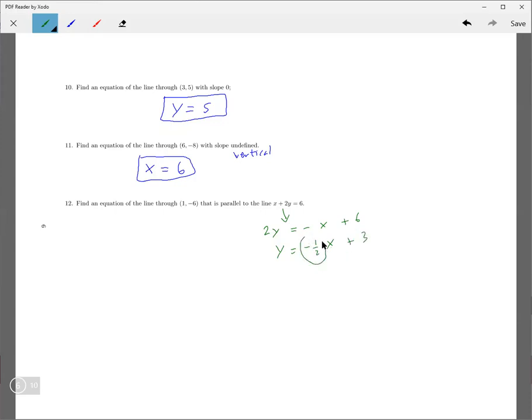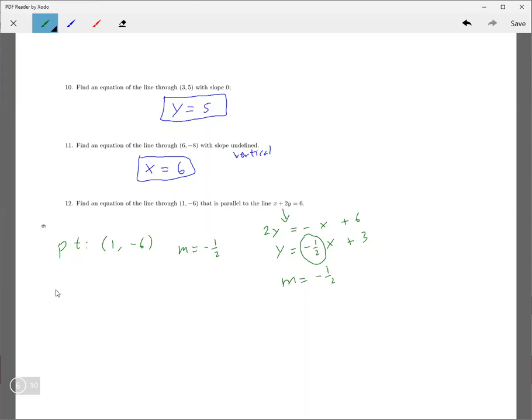Right here, this is what we're after. So the slope is -1/2. Okay, so now we've reduced this problem down to, we have a point which is (1, -6), and we have the slope -1/2. So we want to find the line that has slope -1/2 that goes through the point (1, -6).